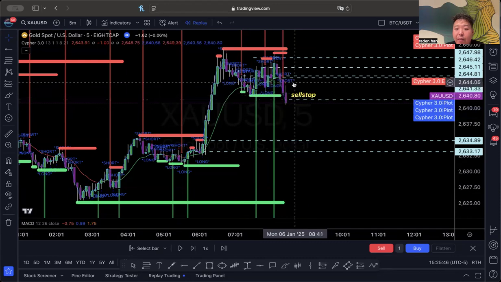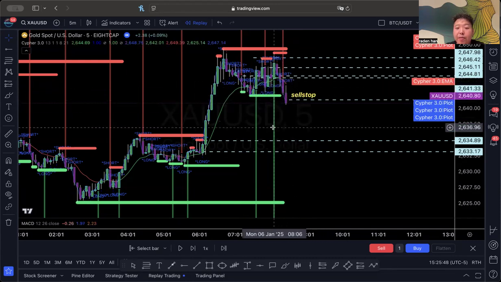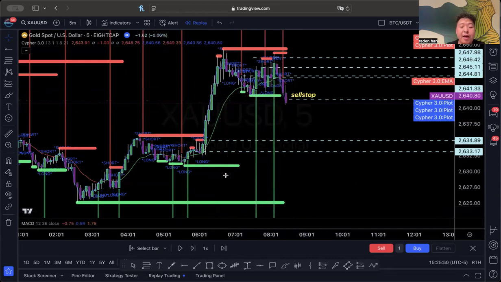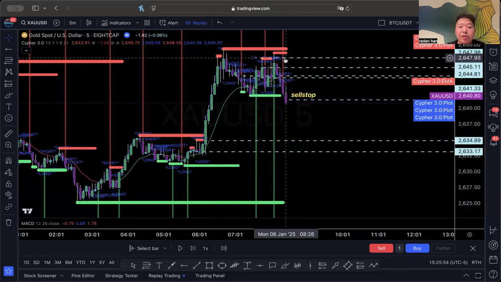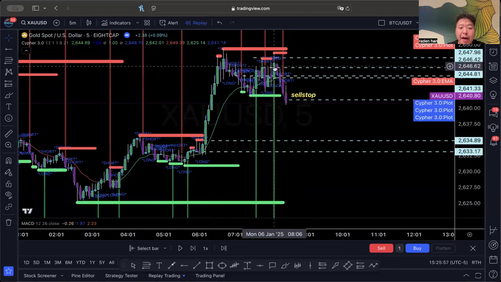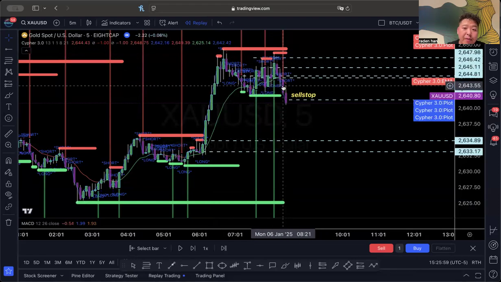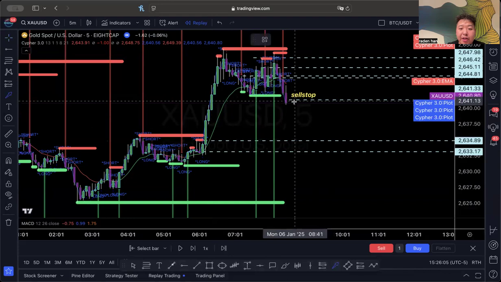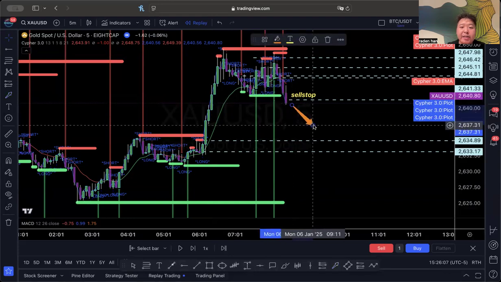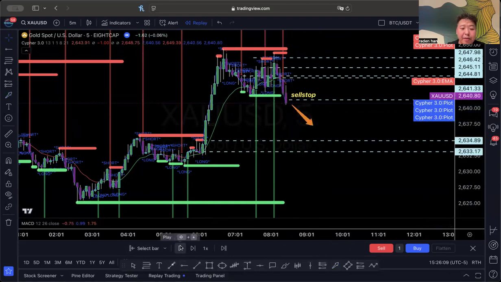That way, if this market retraces, you still leave the market with profit. However, I do believe this has way more downside because now we've reached double top, right? There's a double top pattern. Not to mention laser beam coming down, broke support. So this has about 88% chance based on CYPHER strategy that it is going to drop further, okay?